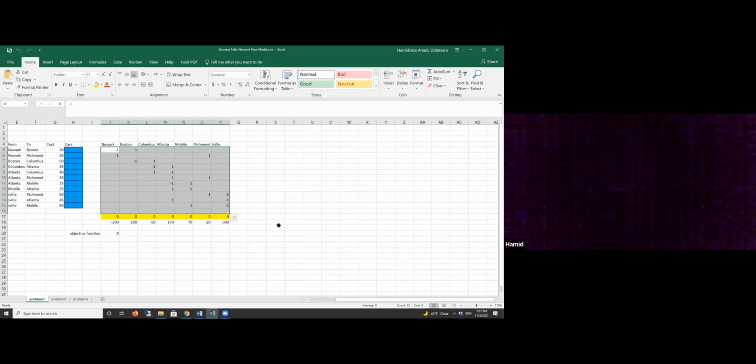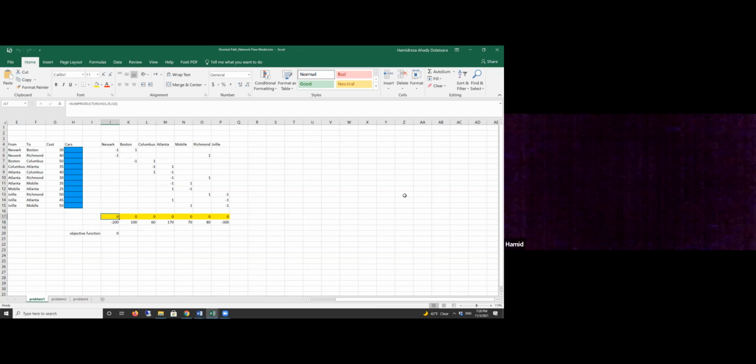Okay, let's focus on the yellow cells. Let's compare the absolute value of the yellow cells with the next row. The next row is -200, and if you look at the arrow sign, it's -1, -1.